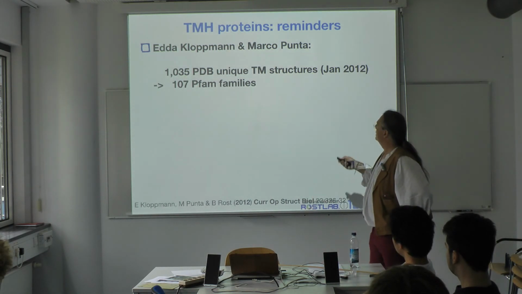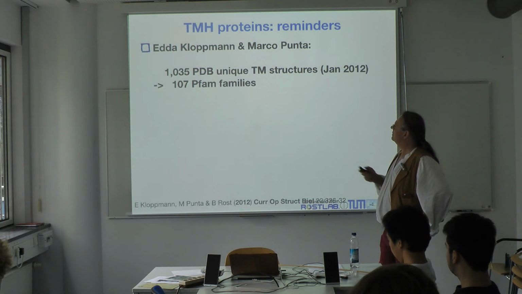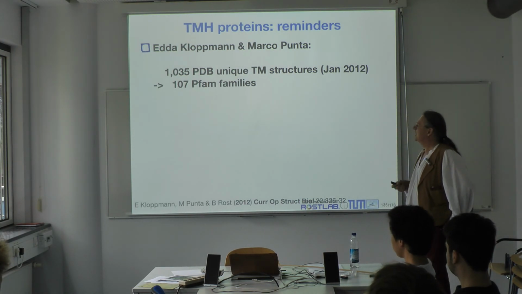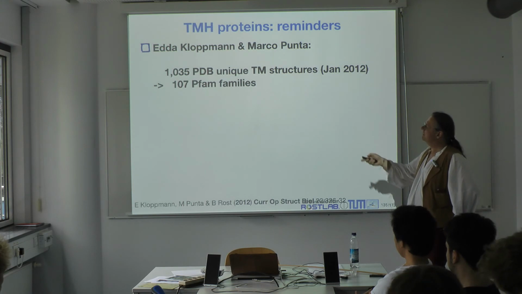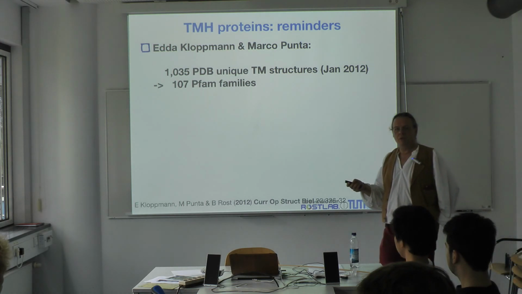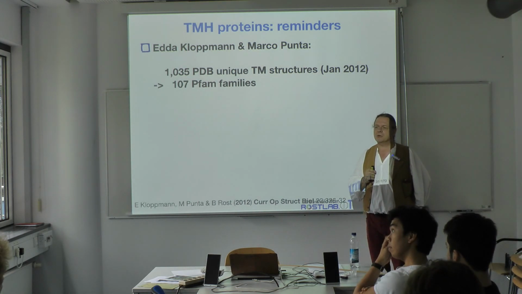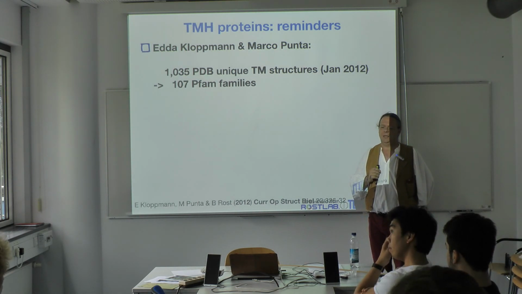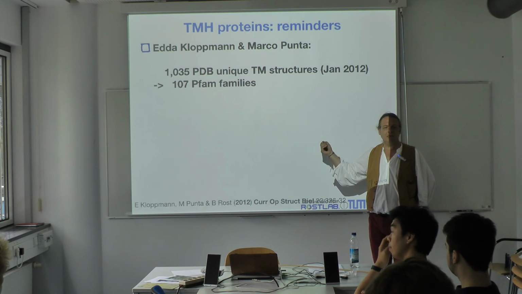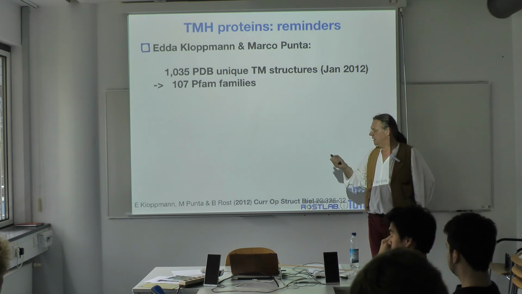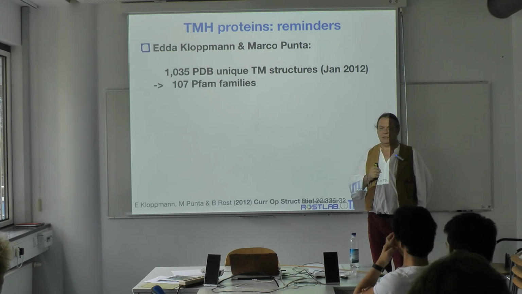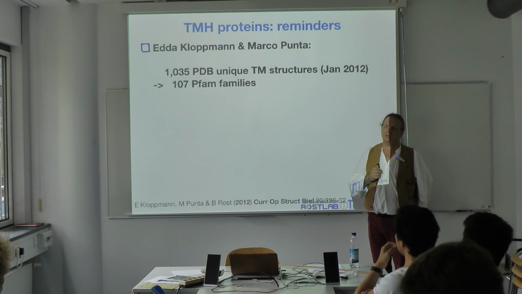And this is just one slide from a consortium. Edda and Marco in our group worked on trying to identify, from all the families in human, the most promising candidates that experimental collaborators could possibly get structures for. There was structural genomics for membrane proteins, and this consortium in New York determined a relatively large number of membrane structures.